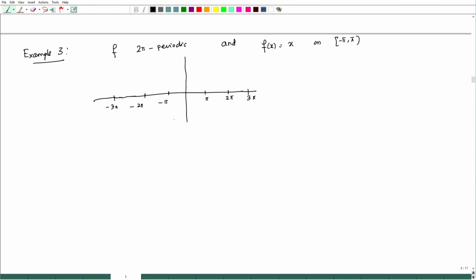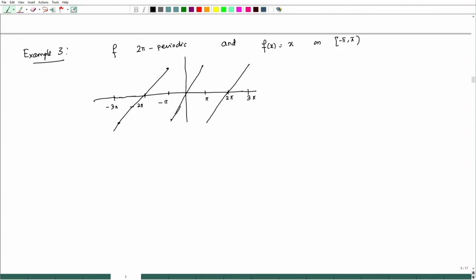On minus pi to pi, x is going to look like this, and from pi to 3 pi it is again going to look like this, and from minus 3 pi to minus pi it is going to look like this. You can see there is a change of behavior from the f we defined earlier, with f of x equal to x on 0 to 2 pi, and here I am giving f of x equal to x on minus pi to pi.